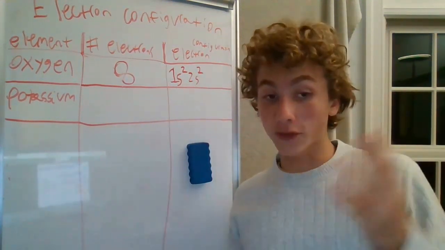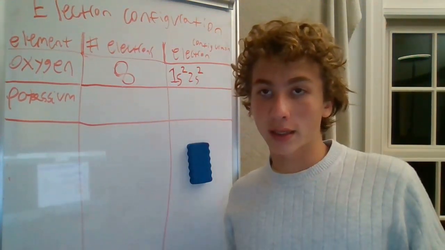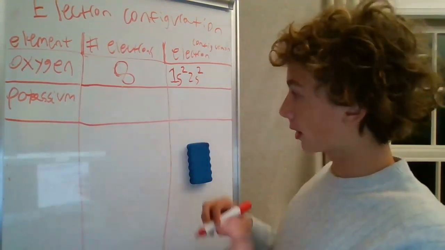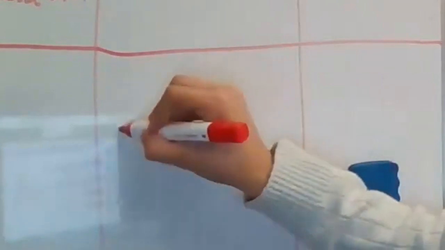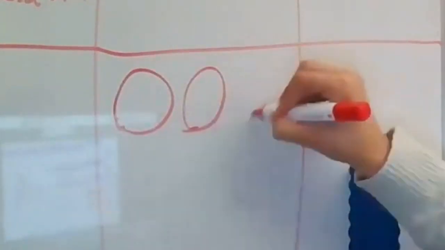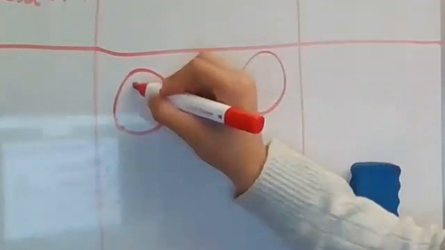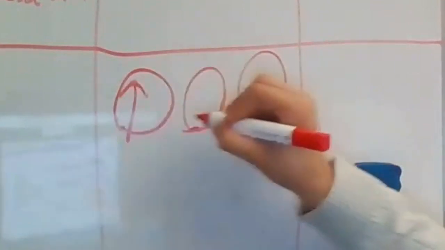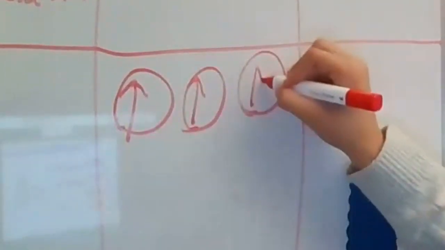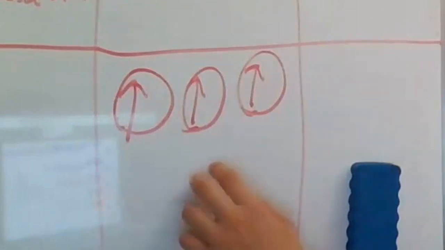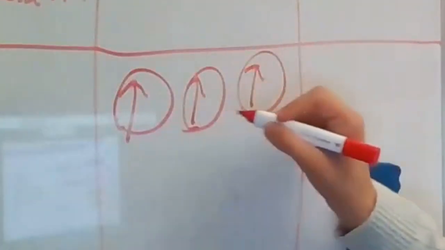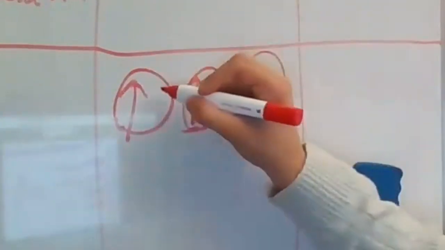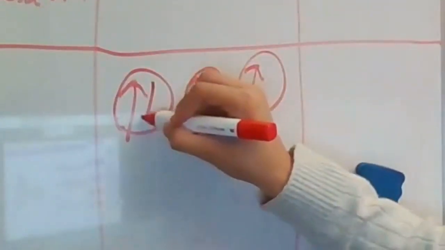Now for this one, it's 4, meaning that for the 2p, it would be this circle, this circle, this circle. You have to go 1 arrow, 1 arrow, 1 arrow, but that's only 3. And as you see, we need 4 electrons left. Instead of just skipping over this, we're going to go to the one as far to the left as we can, and then we start filling in. And it'd be so on.